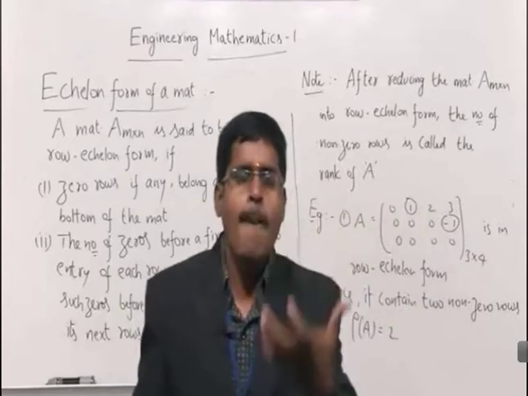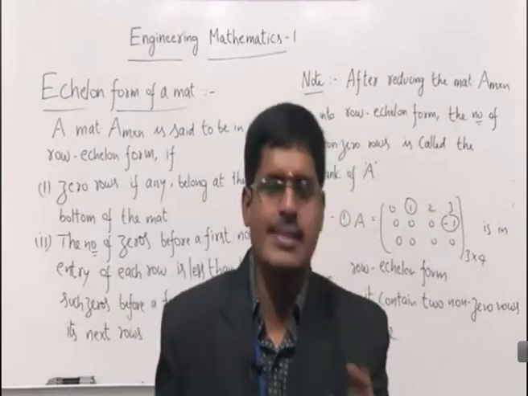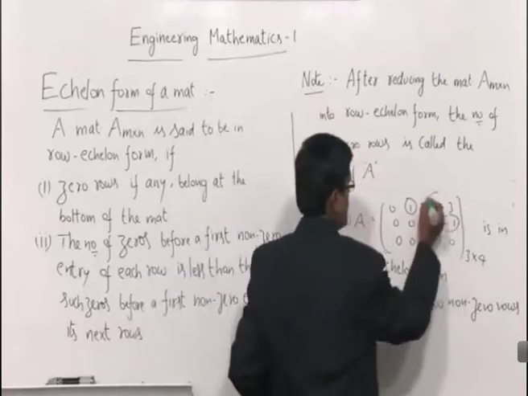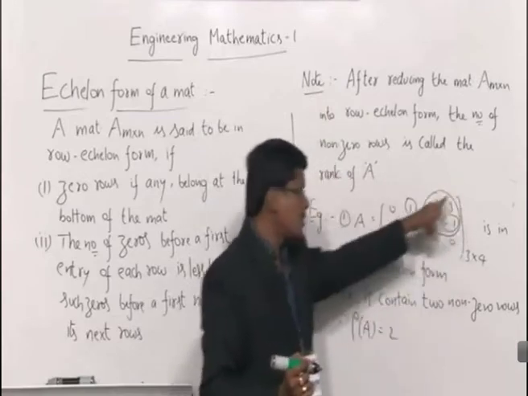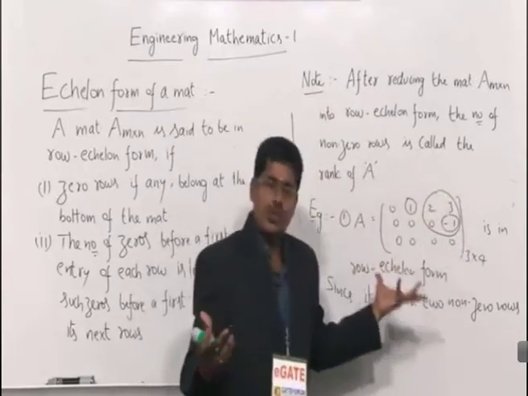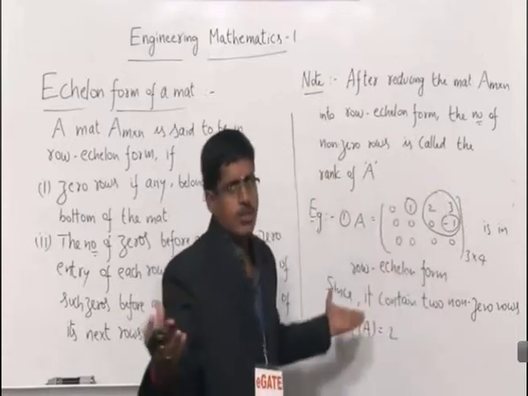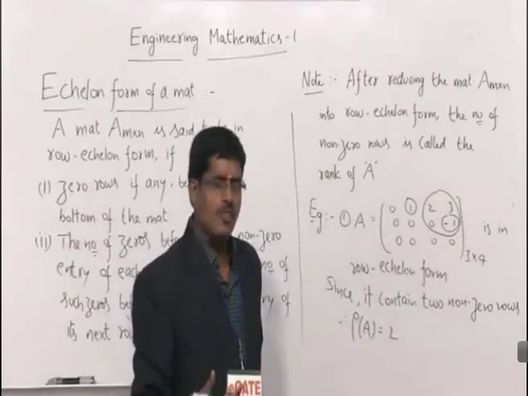In the given 3 by 4 matrix, you search for a 2 by 2 submatrix whose determinant is not equal to 0. For example, these 4: what is the determinant? 2 into -1, minus 3 into 0, so -2. Determinant not equal to 0. So hence rank is equal to 2, which matches the previous method.